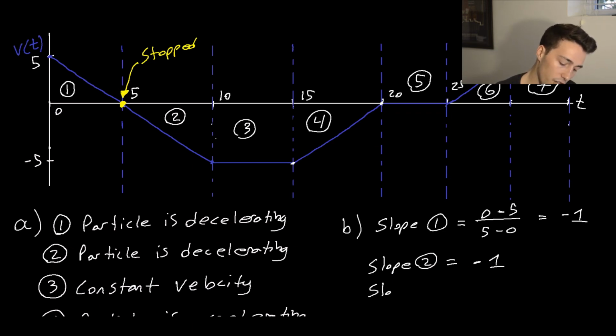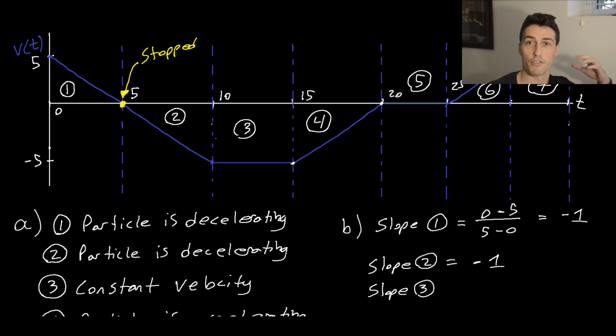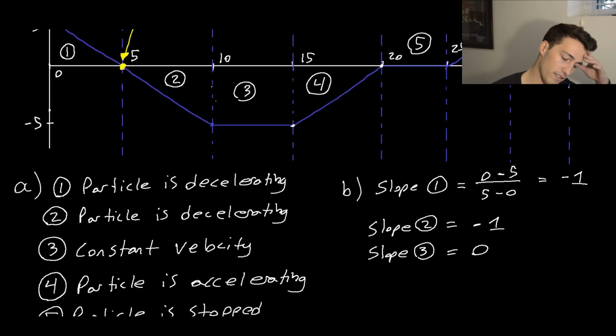Now if we look at section 3, well, here there is no slope. At that point we had constant velocity. So if there's something that has constant velocity, it's not accelerating. So we could say the slope is equal to 0. And now if we look at section 4, what's that going to be?